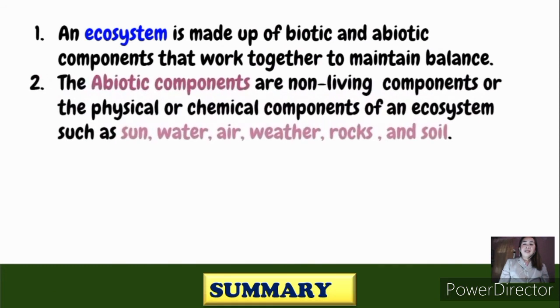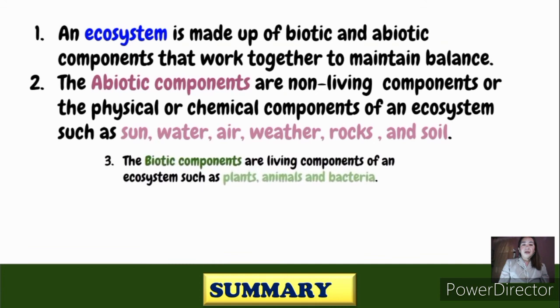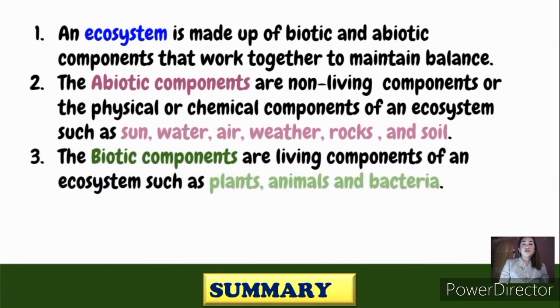The abiotic components are non-living components or the physical or chemical components of an ecosystem such as sun, water, air, weather, rocks, and soil, whereas the biotic components are living components of an ecosystem such as plants, animals, and bacteria.